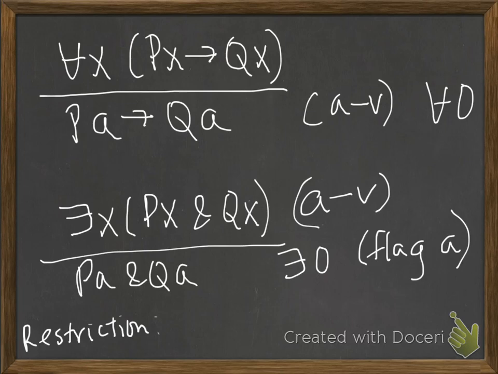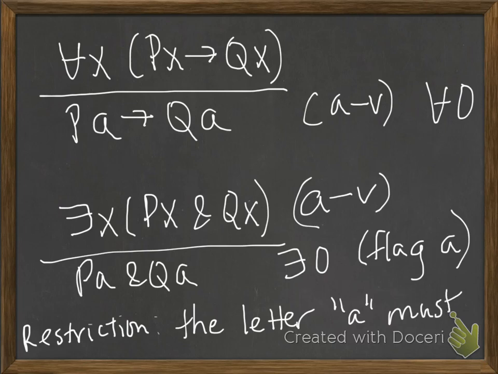Which says that the letter we use to instantiate it, so let's say A in this case, must be new to the proof. So that means there can't be any A's in any of the premises, or in the conclusion, or in any previously derived line.